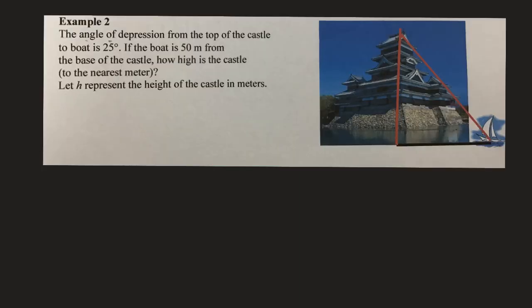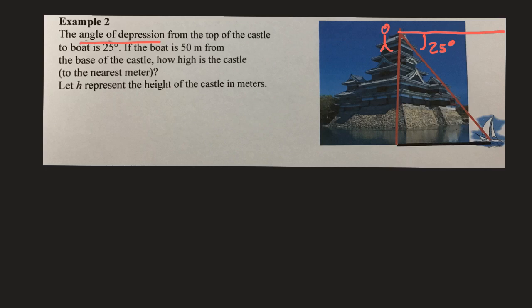All right, so now we have a new problem. We are looking for the angle of depression for somebody at the top of their tower looking down at a boat that is 50 meters away. So if I draw a little guy up here, he's looking straight outwards, and the angle down towards that boat, the angle of depression, is 25 degrees.